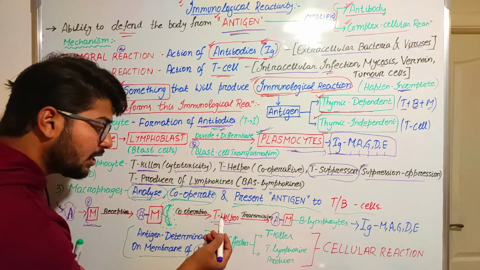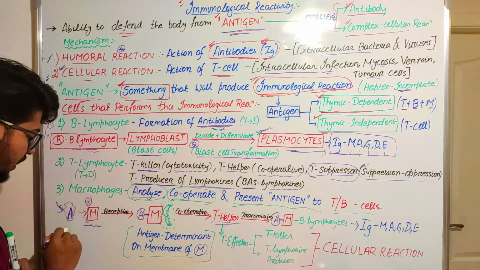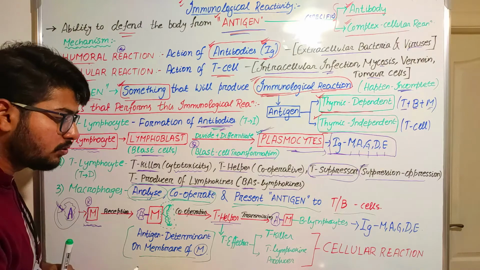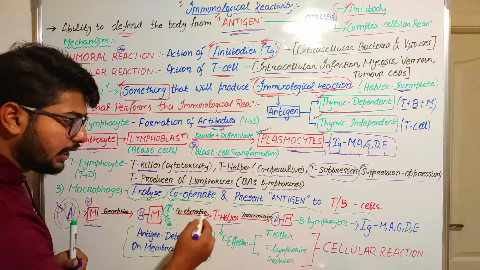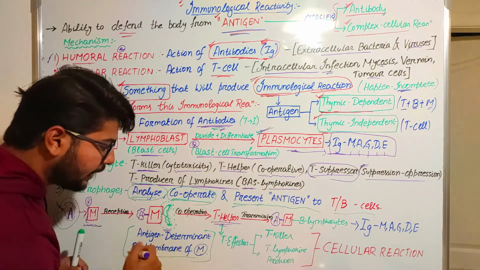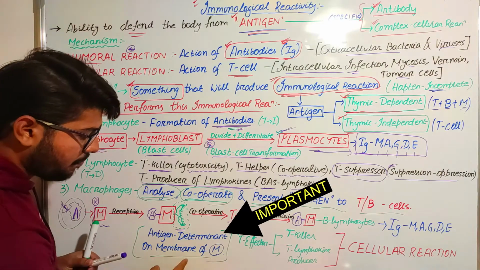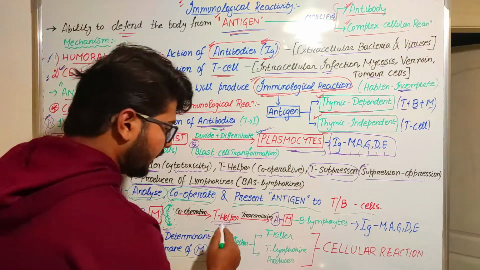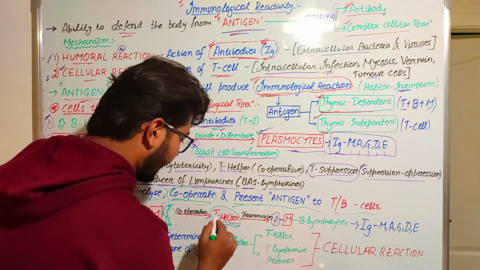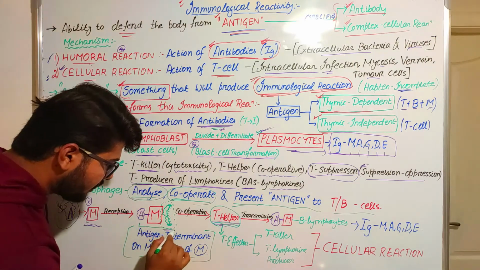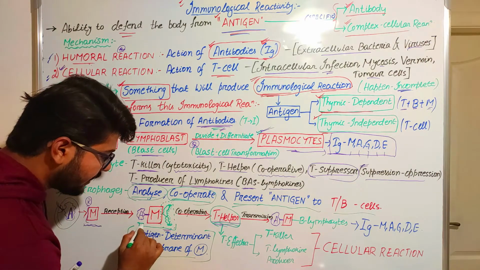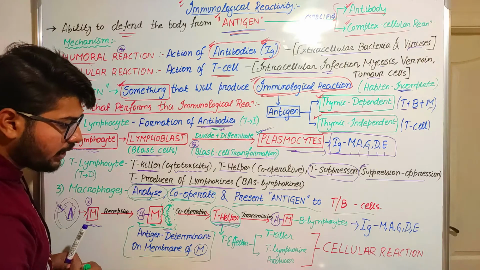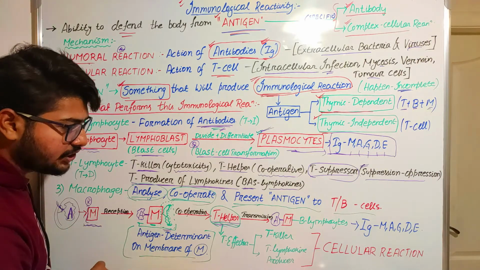The T helper can never directly understand what kind of antigen is coming to it, but the T helper can recognize this determinant form on the membrane. So the T helper will recognize this total structure of antigen with the macrophage. This process is known as cooperation.